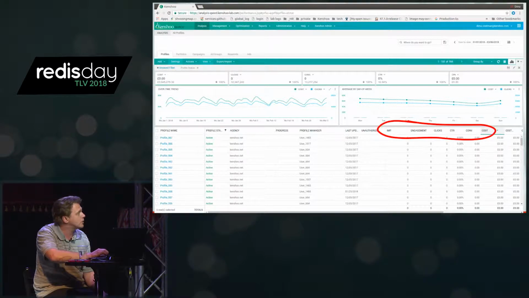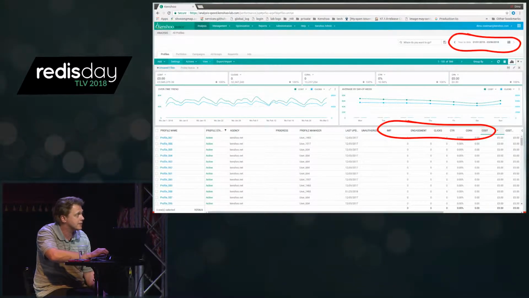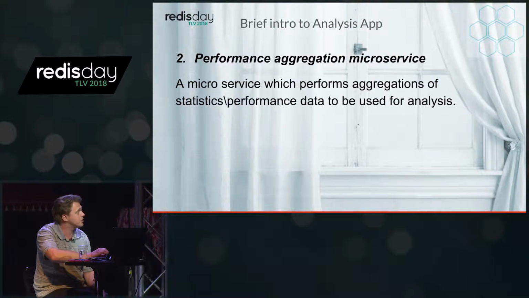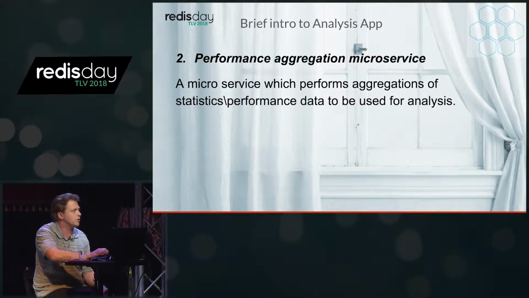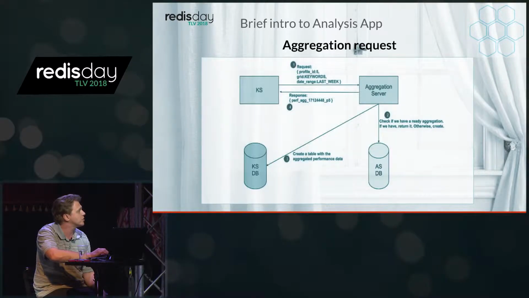So we are allowing our customers to provide a date range. So here is where the aggregation service comes to life. Aggregation service actually gets the request from the analysis application and performs the aggregation of the performance data to be used by the analysis application.